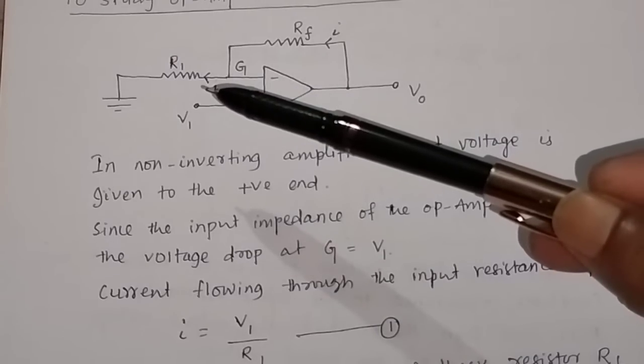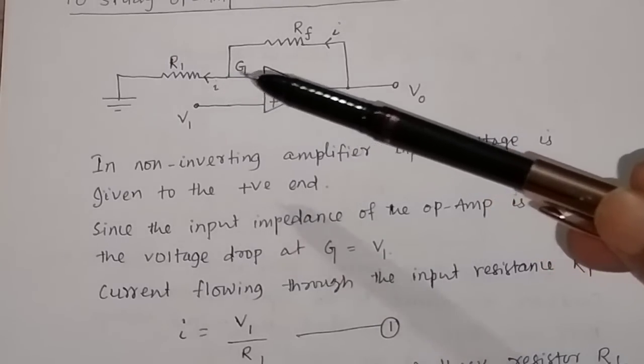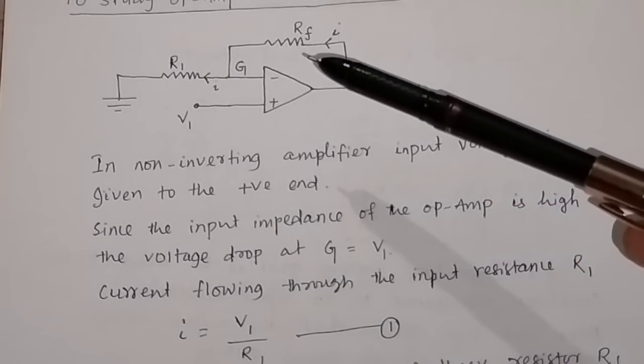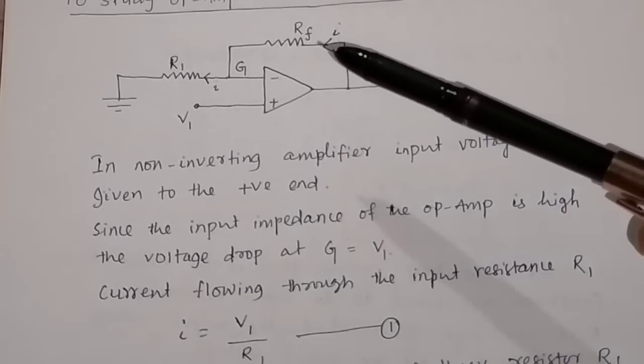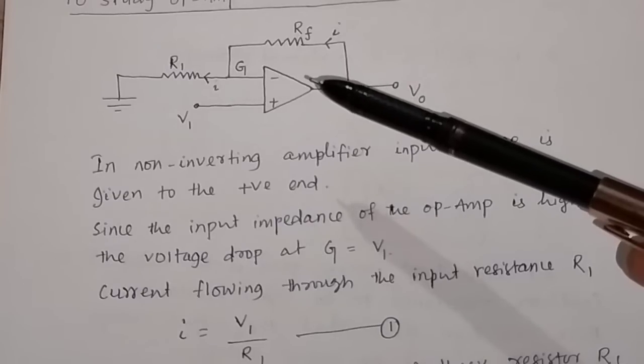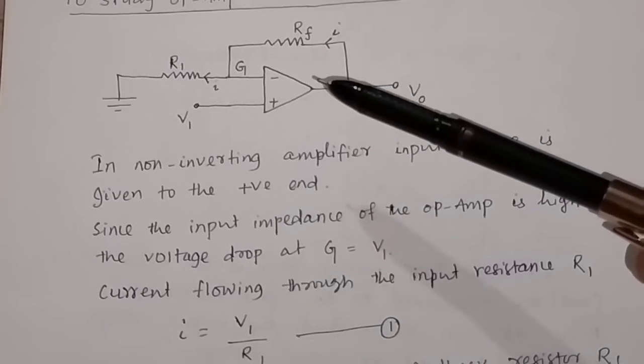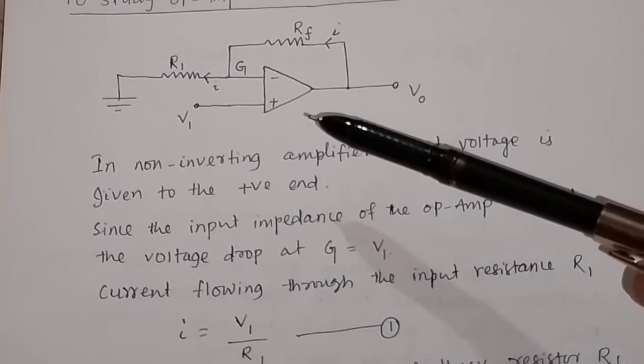R1 is your input resistor, and RF is the feedback resistor. I have discussed this in the previous video on the inverting amplifier, so you should first watch the inverting amplifier video before watching this one.